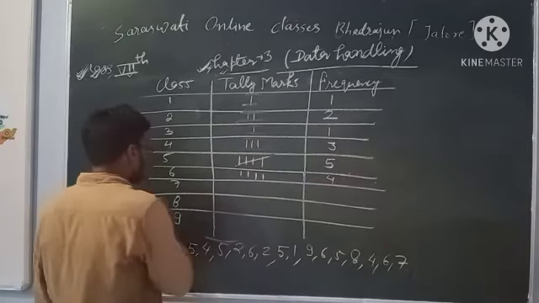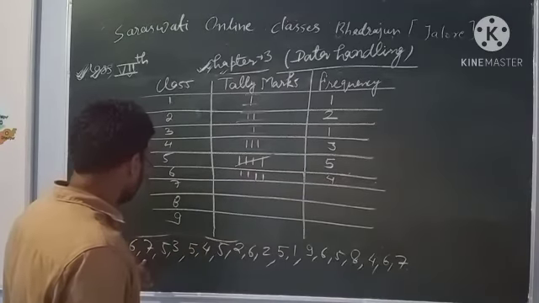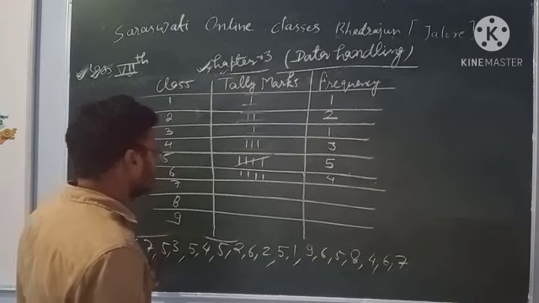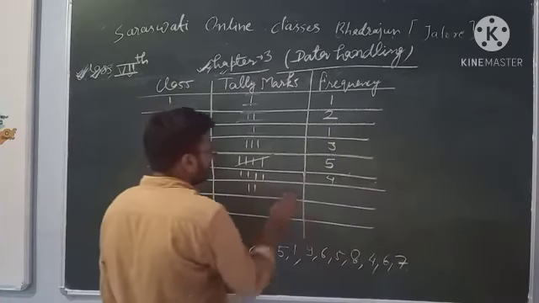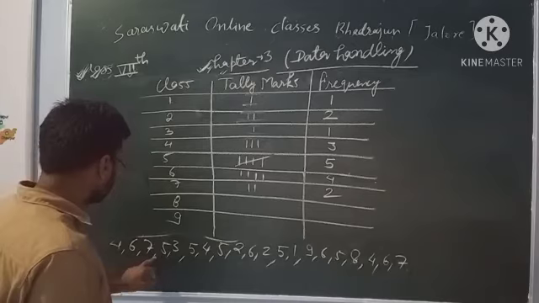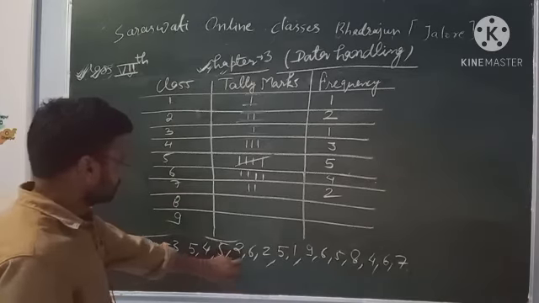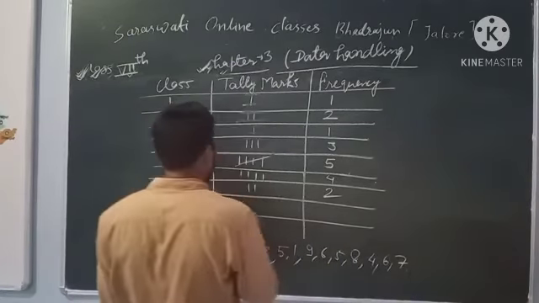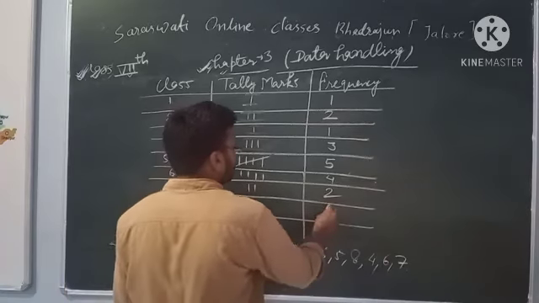Okay, how many times is 7 coming? 1, 2. 7 is coming 2 times. How many times is 8 coming? 8 is coming 1 time only, and frequency is 1.